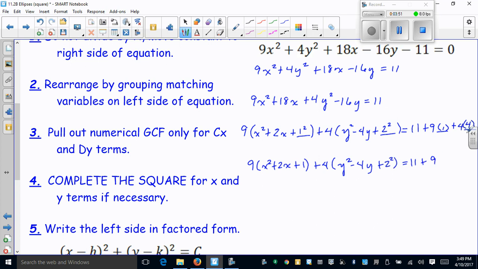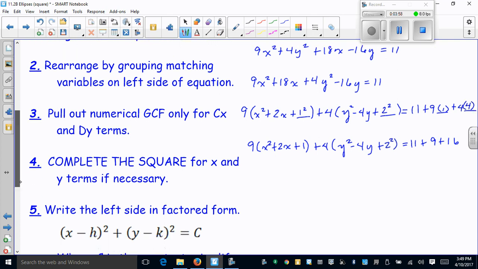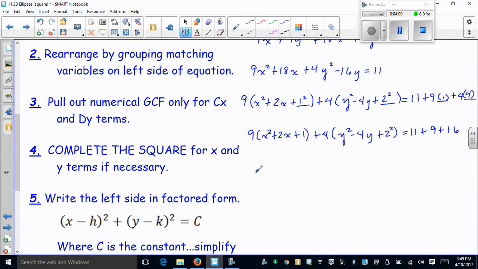Write the left side in factored form, so I have 9 times x plus 1, remember, you take this sign, squared, plus 4 times y minus 2 squared equals, and you add all of these lovely numbers up, you get 36. So we wrote this in, says where c is a constant, simplify the right side.